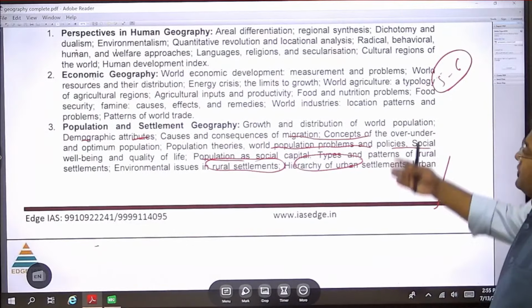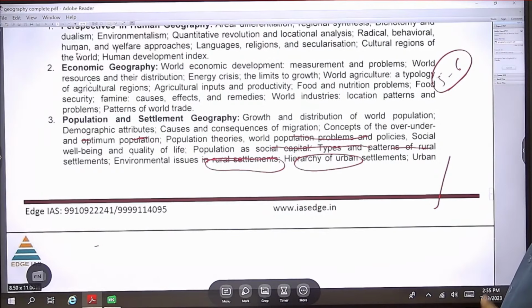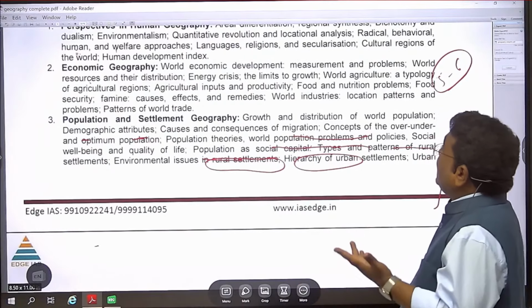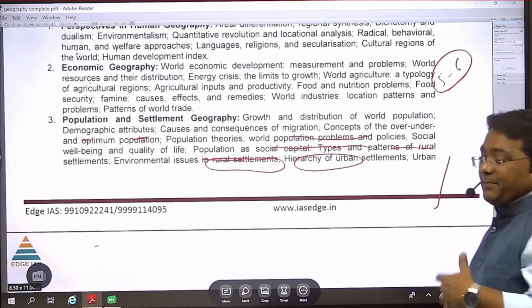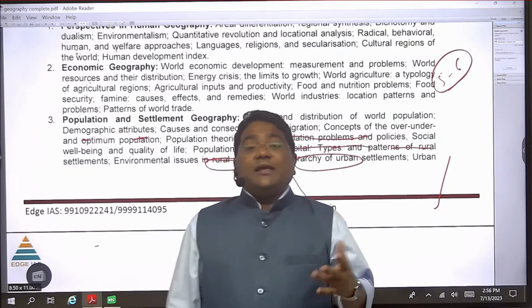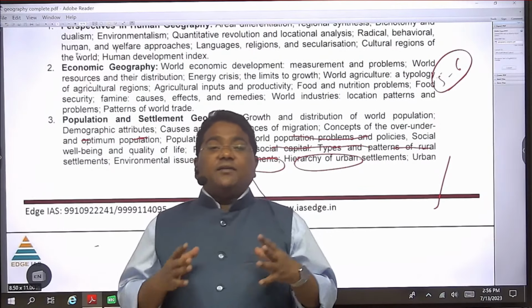So after that, economic geography. Here mostly agriculture, food and nutritional problems, food security, famine, causes and remedies, and world industries, and agricultural pattern. What is agricultural pattern? For example, earlier we were practicing more rice and wheat.